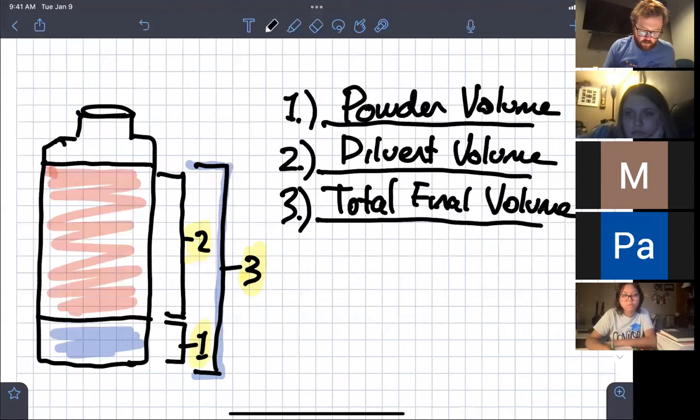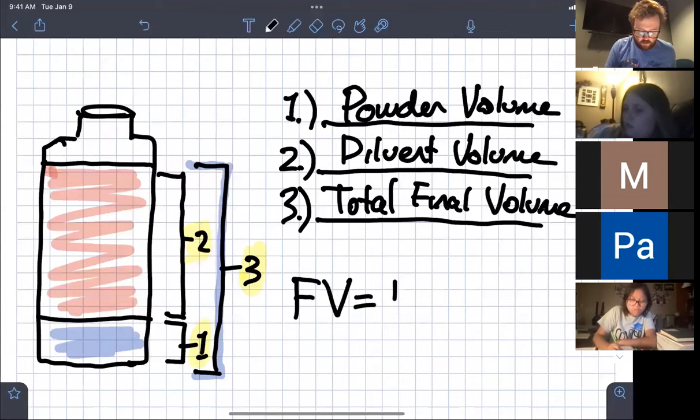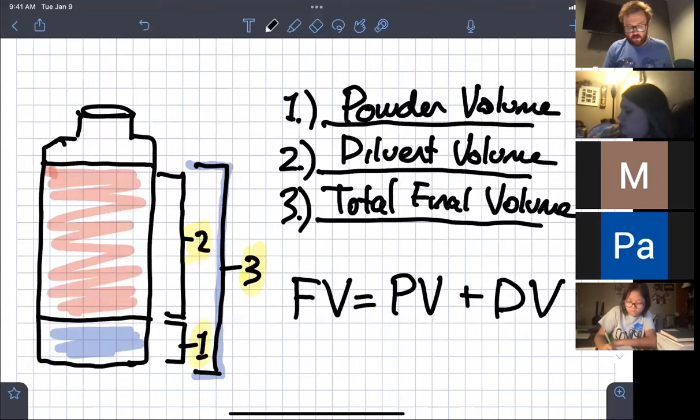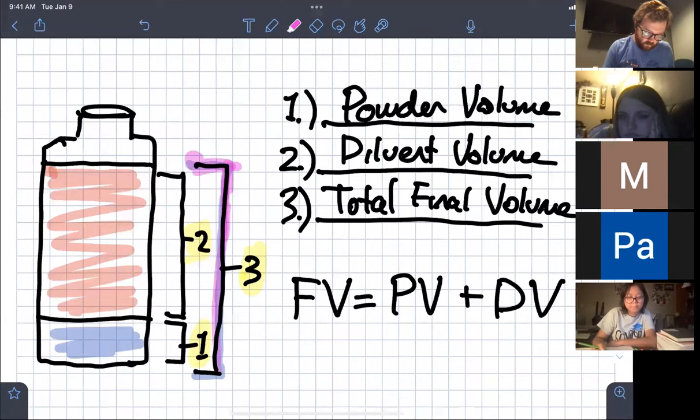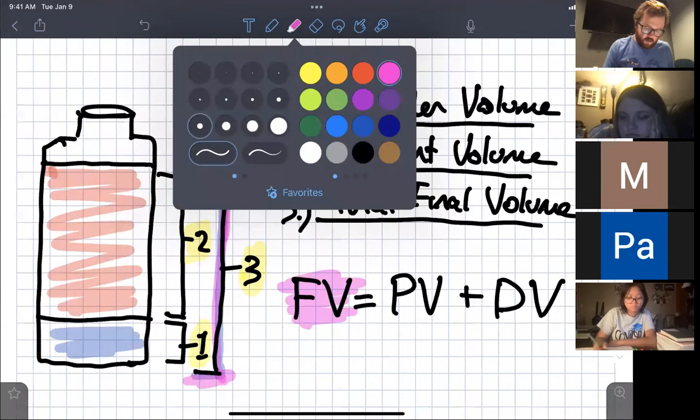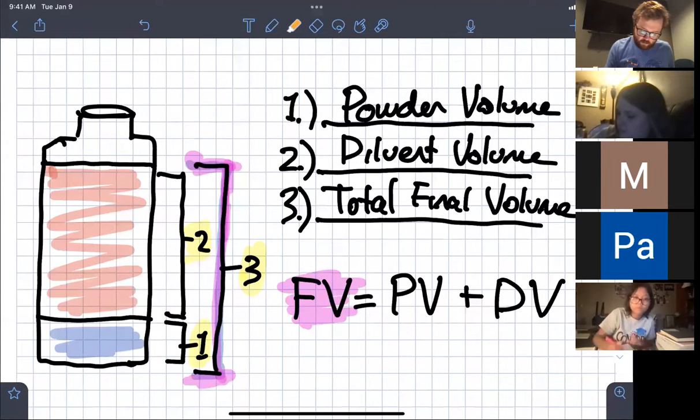Let's write out my formula again. We have FV equals PV plus DV. Let's put this in pink. My final volume is my pink one, my diluent is my orange one, and my blue one is powder.